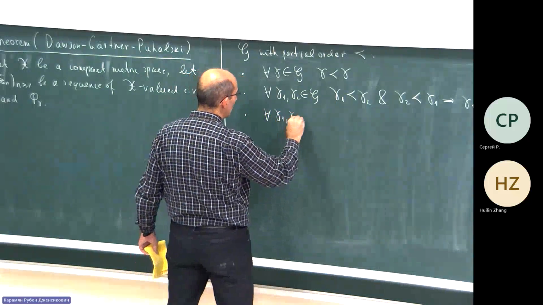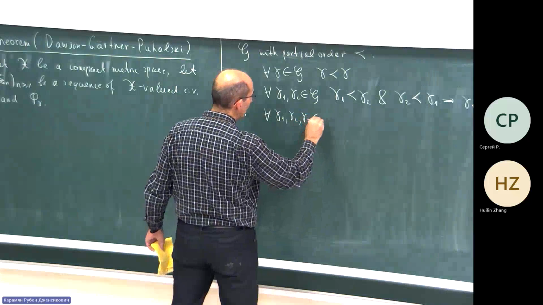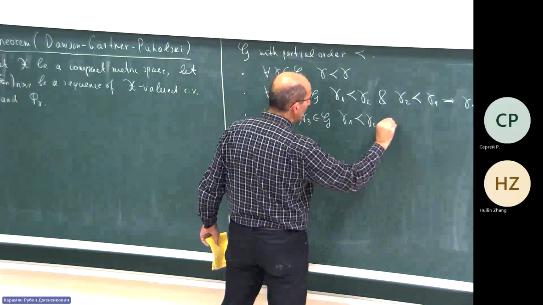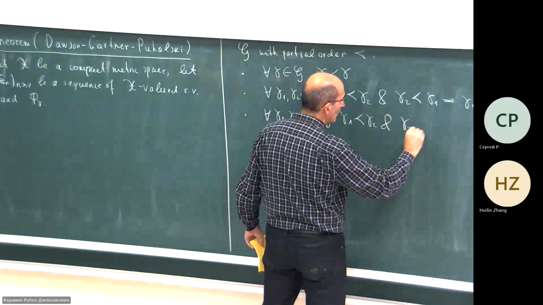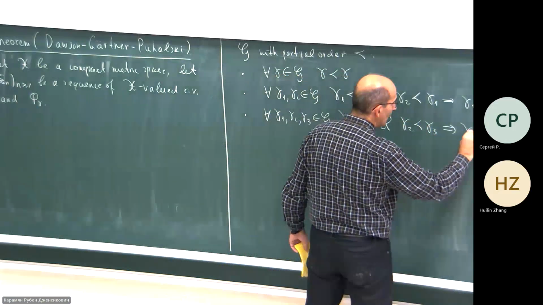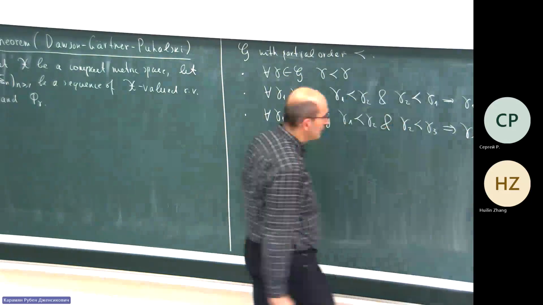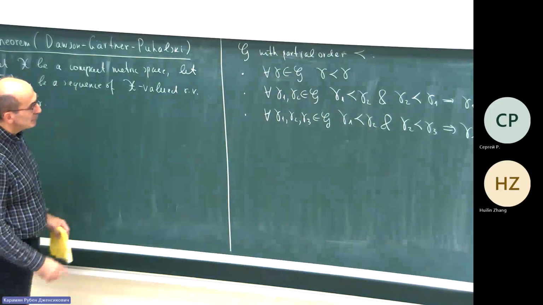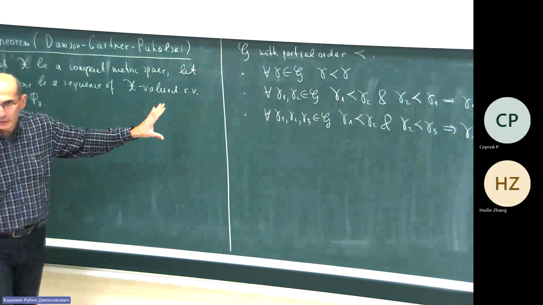For any gamma 1, gamma 2, gamma 3, if gamma 1 is smaller than gamma 2 and gamma 2 is smaller than gamma 3, then gamma 1 is smaller than gamma 3. So this is the usual definition of partial order.